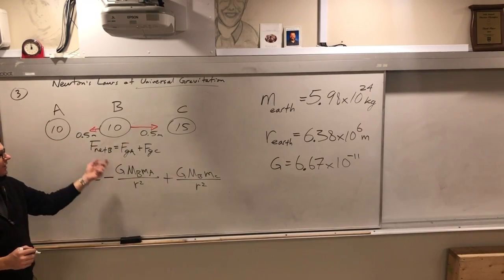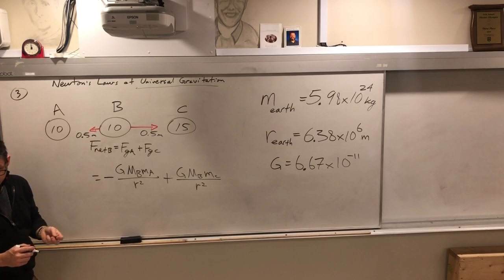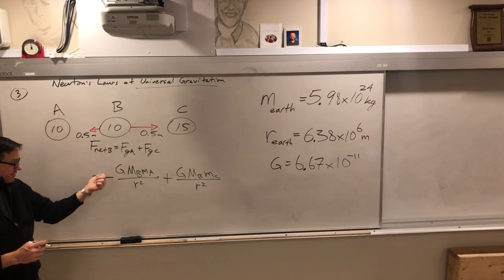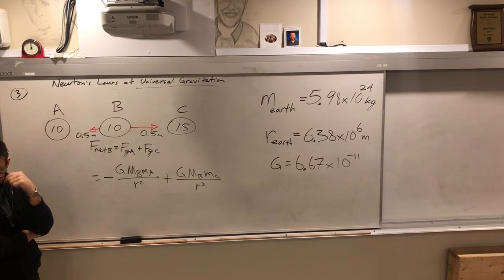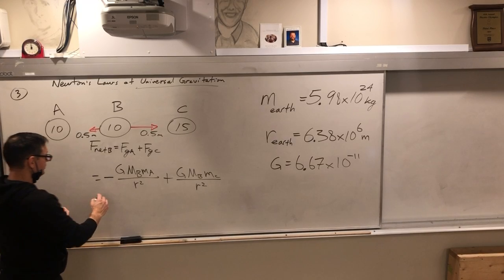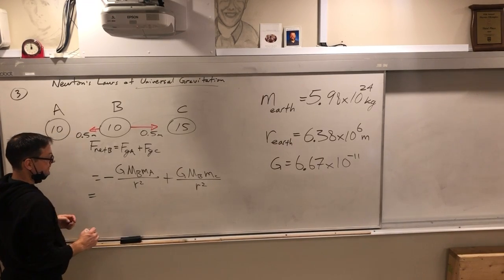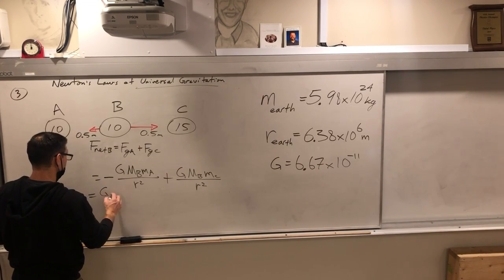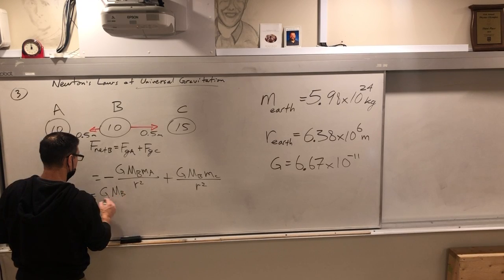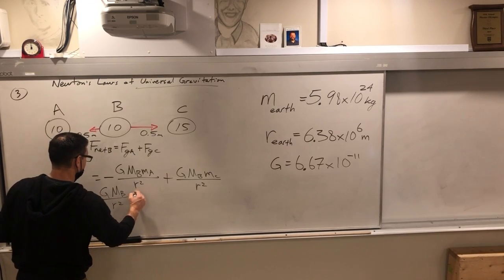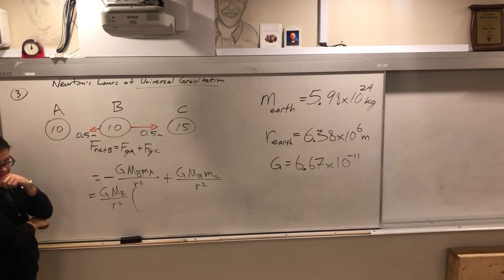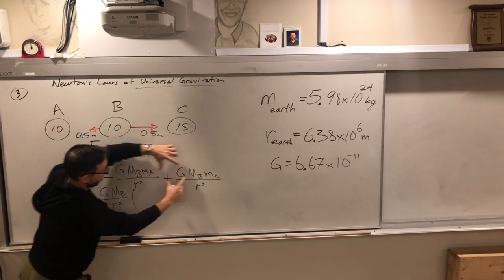Now the R squareds happen to be the same, right? So mathy people, what could I do with this? Factor. You can factor some out, right? So you could just say G MB over R squared, and what's left? This part is the same in both of these, right?